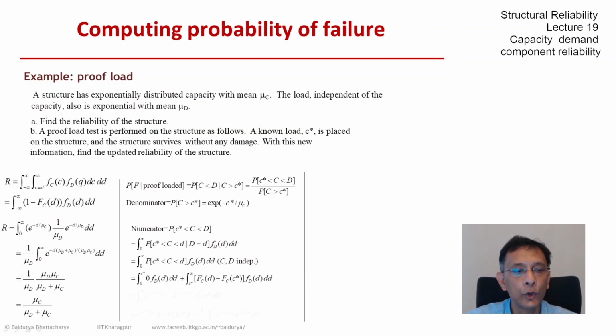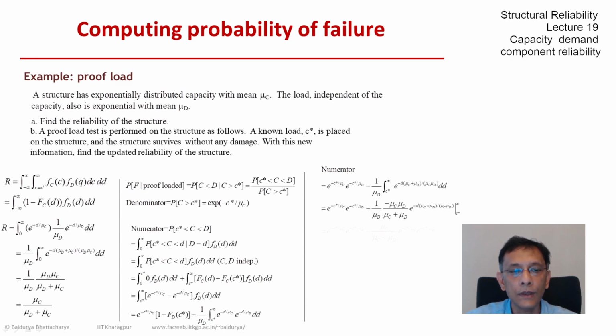So we go through the process, separate the integral into two regions, 0 to C star and C star to infinity. And once we go through the algebra, it's a little involved, so let's continue.